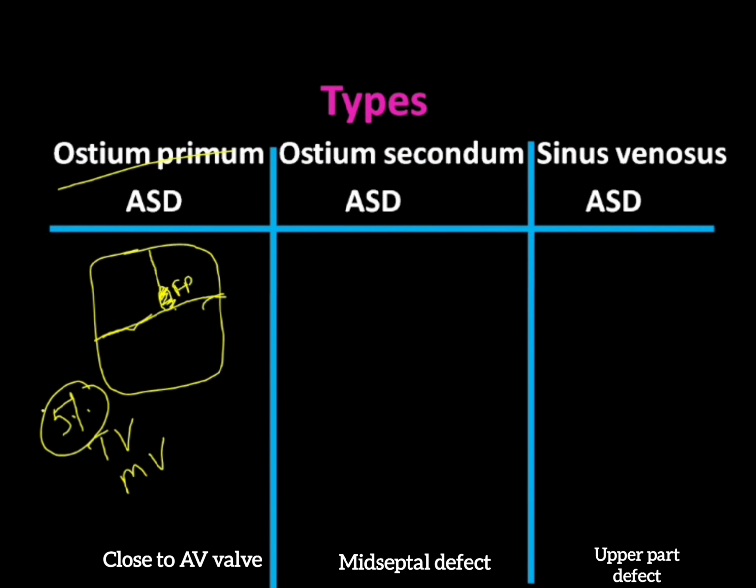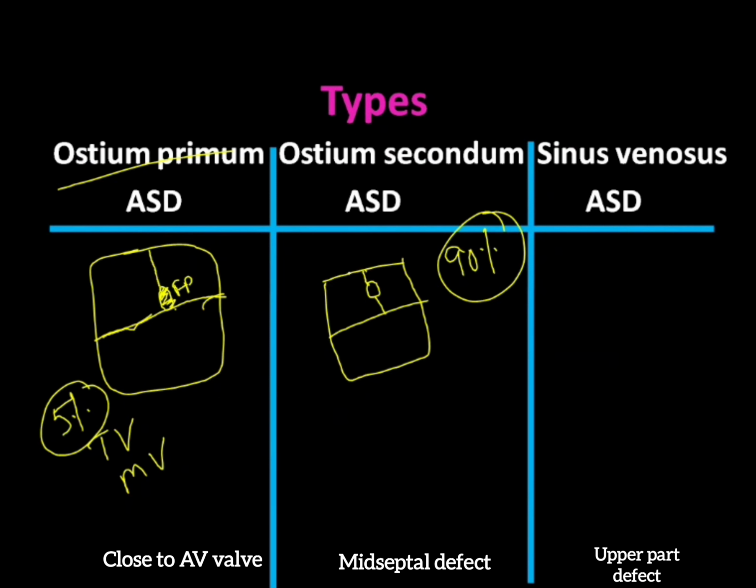The second type we are going to discuss is Ostium secundum atrial septal defect, which is the most common presentation. 90% of atrial septal defects are Ostium secundum atrial septal defects. So what happens over here? While we discussed the development, I told you once you have the septum primum which grows down, there is another opening called the foramen secundum, which is on the top, which will then be covered by your septum secundum.